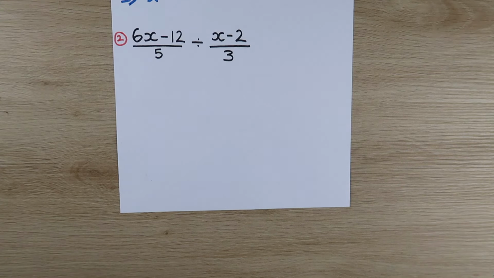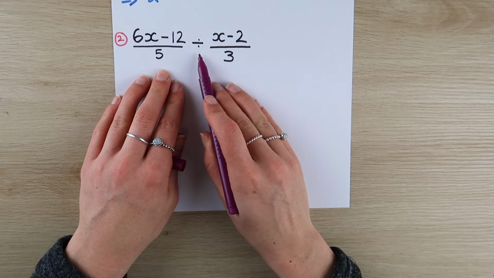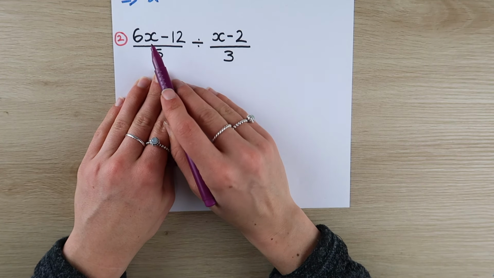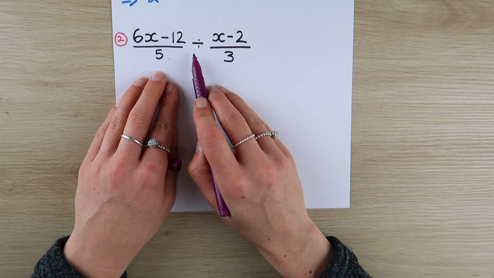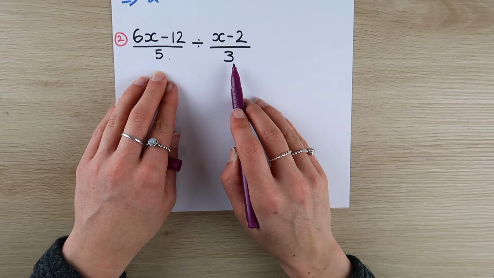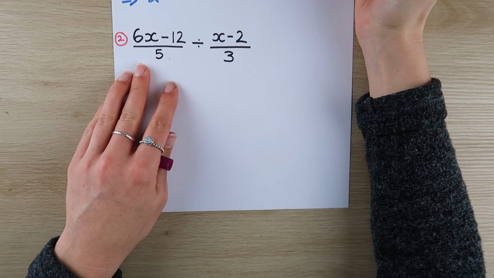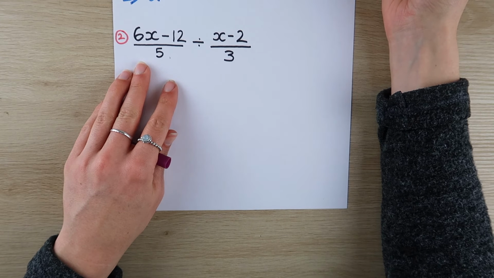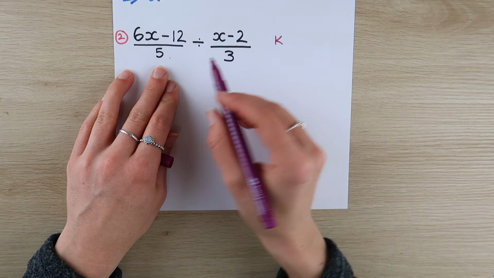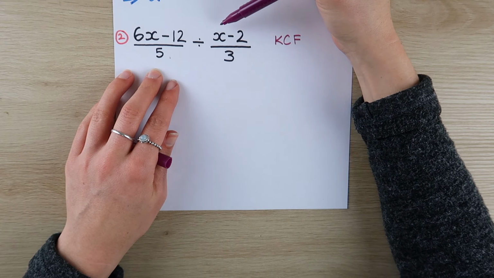You'll see for the second one that I've got two fractions with a division sign between them. So I've got 6x minus 12 over 5 divided by x minus 2 over 3. Now before I cross cancel or factorize any possible corners, I'm going to set up my fractions as I would normally for dividing fractions.